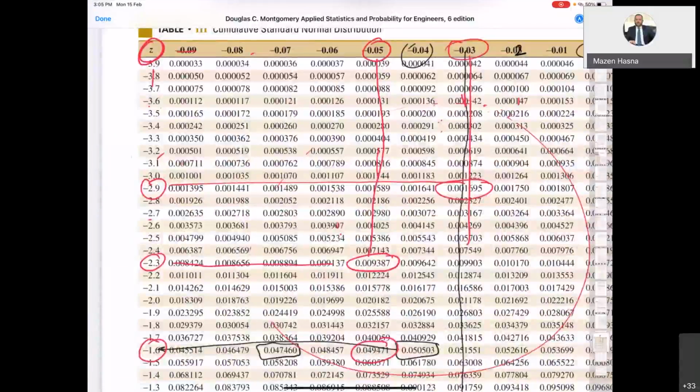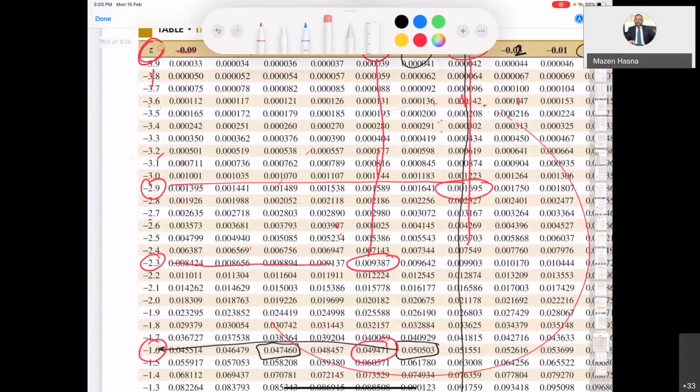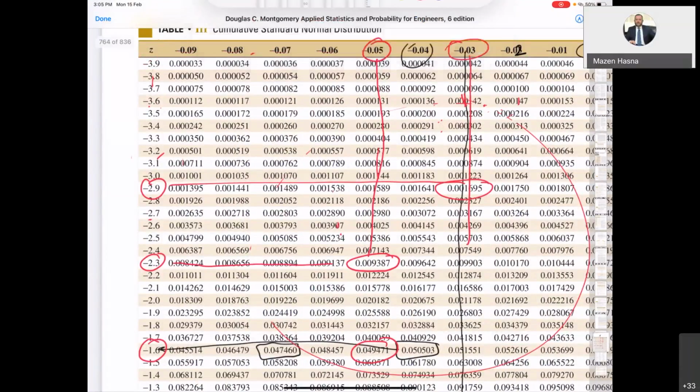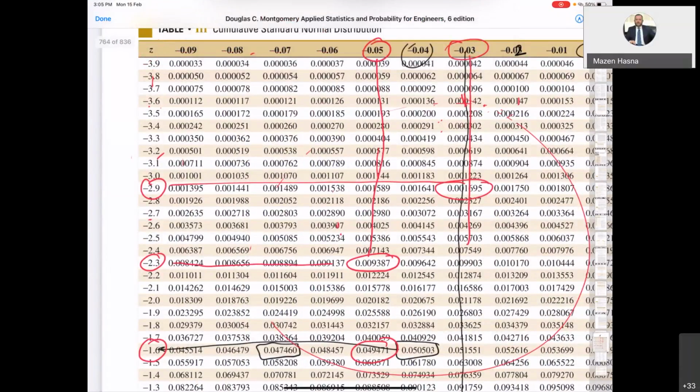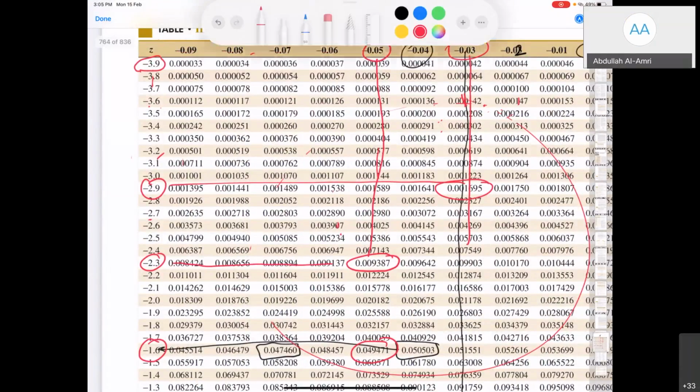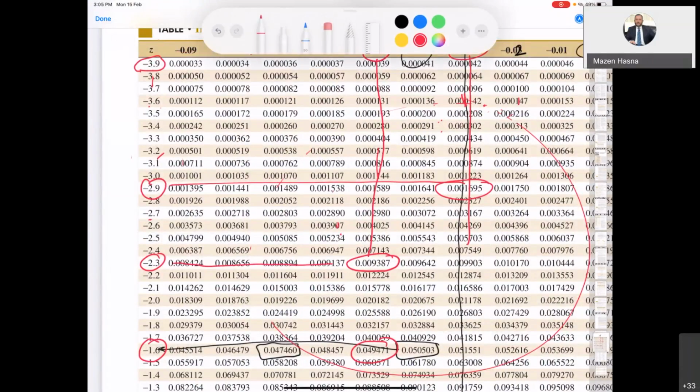What's the smallest number in the table? As you can see, the smallest number in the table is minus 3.99. Yes. So this is the smallest number. What's the probability at that number?